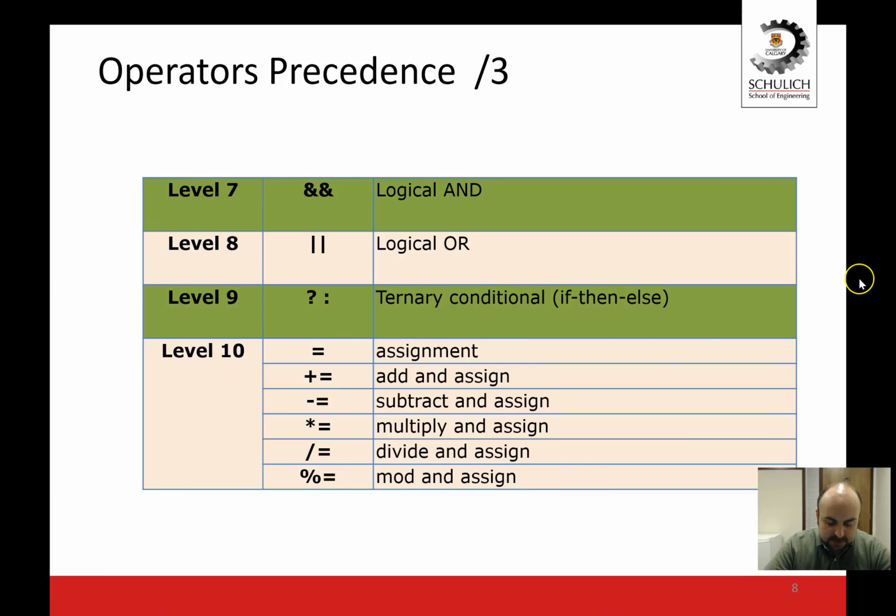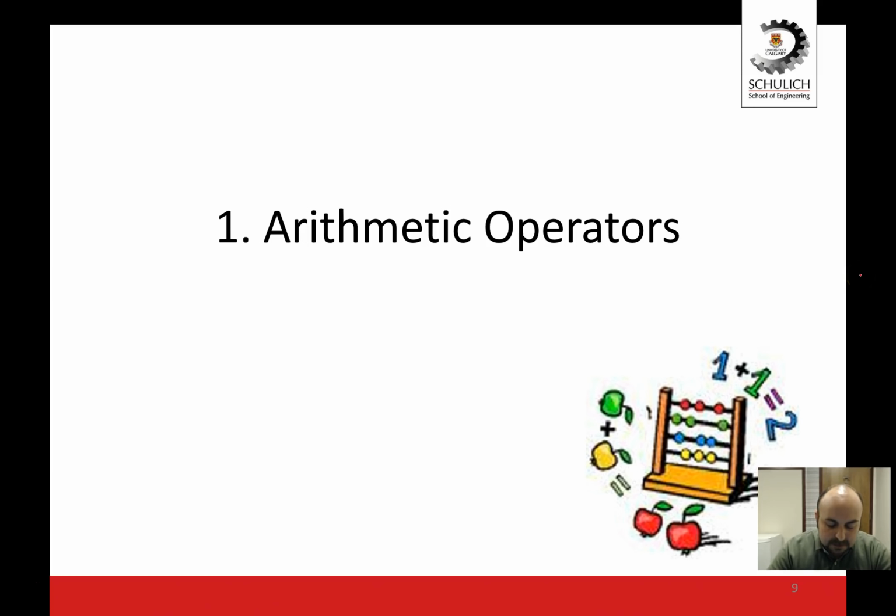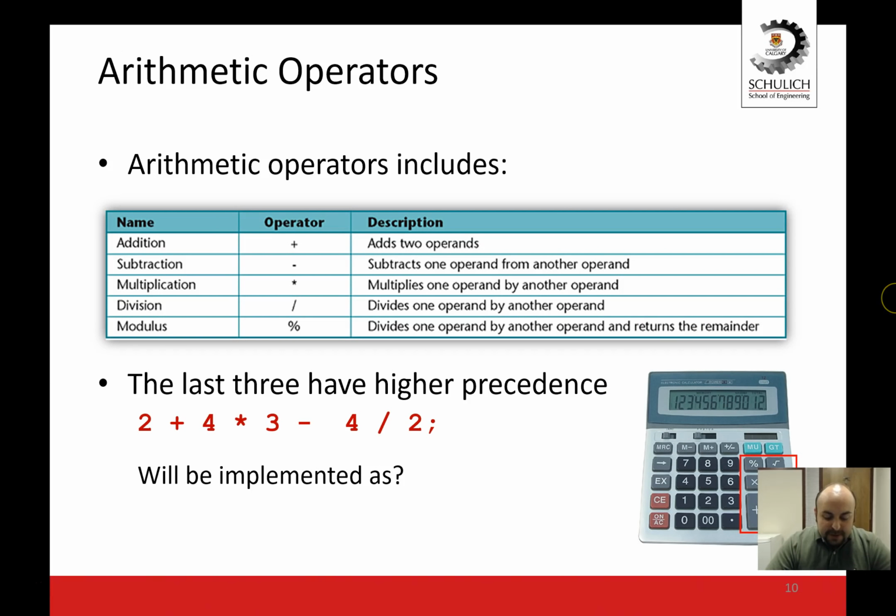All right, going back to arithmetic operators. Pretty much what we just said. Arithmetic operators are plus, minus, multiplication, division, and modulus that I'm going to talk about in a little bit. So let's see an example here.